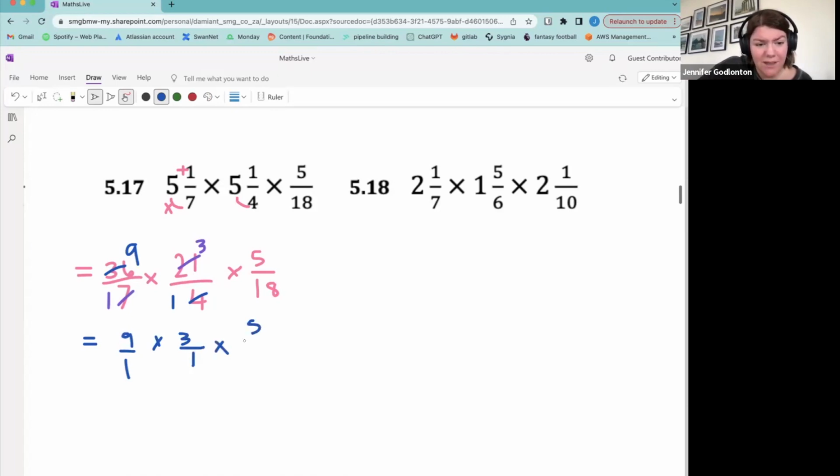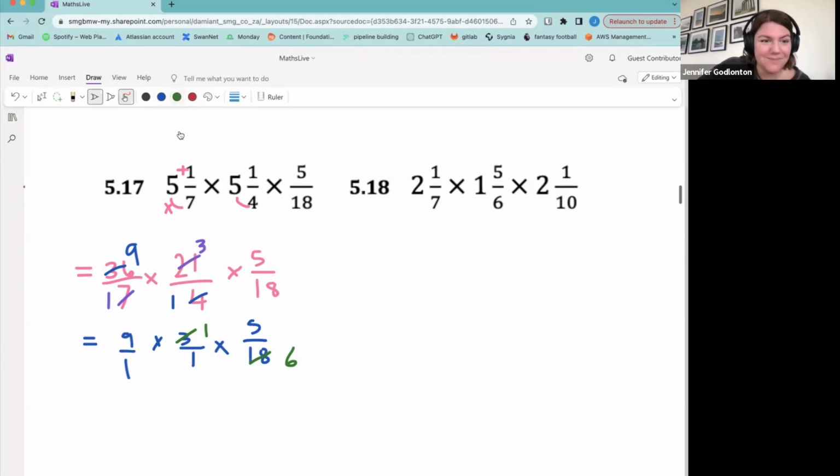So if you did it this way, you're also absolutely 100% right. Okay. From here, we could see, well, we can do the 3 and the 18. So 3 goes into itself once, and 3 goes into 18 6 times. So we land up with our 6 over there. And then we're going to have to do the 9 and the 6. So we're going to have to simplify again.